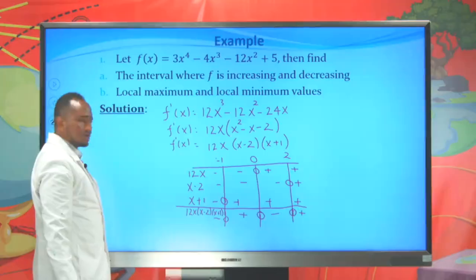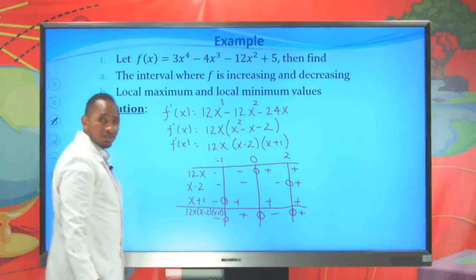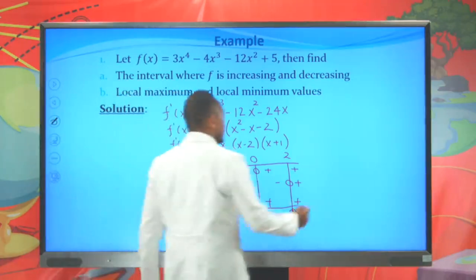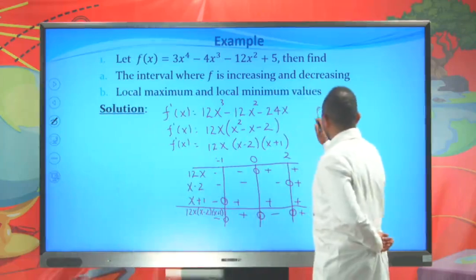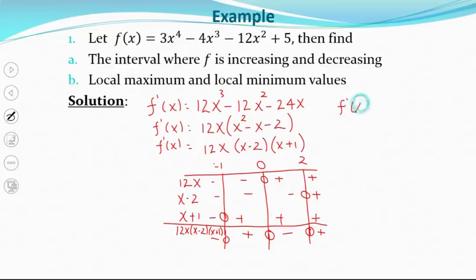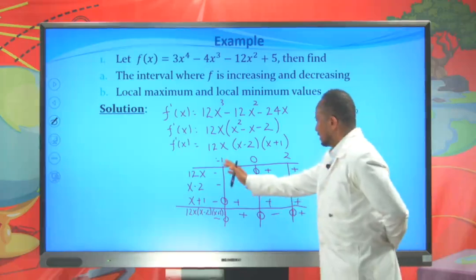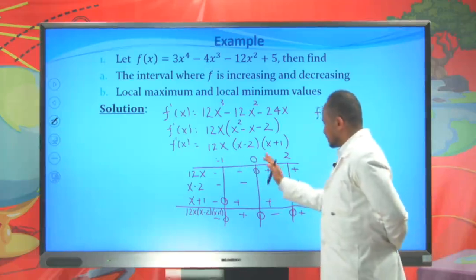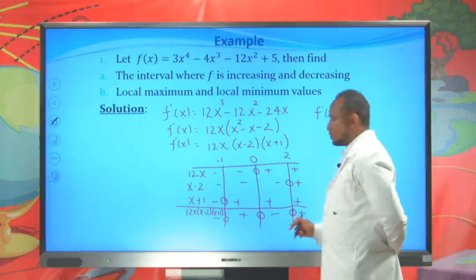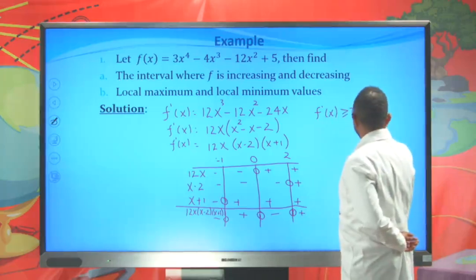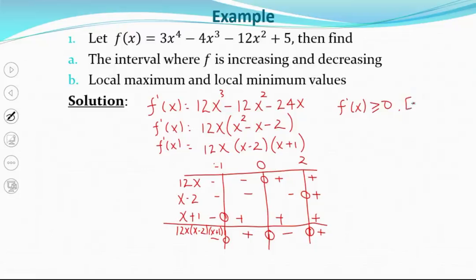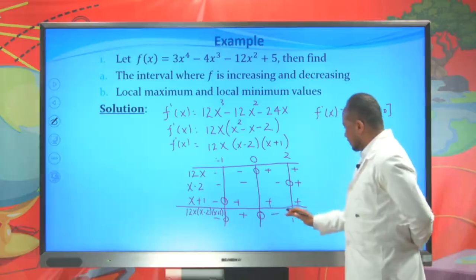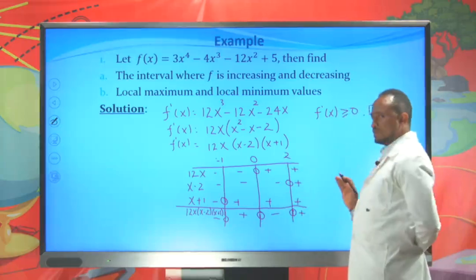Therefore, from this you can see that the derivative of f is greater than or equal to 0 on the closed interval from -1 up to 0, and from 2 up to infinity.